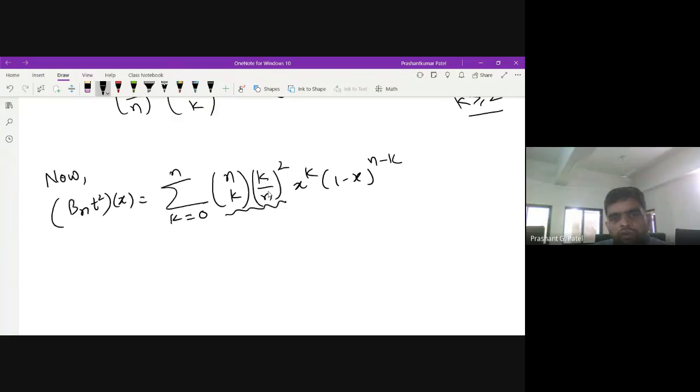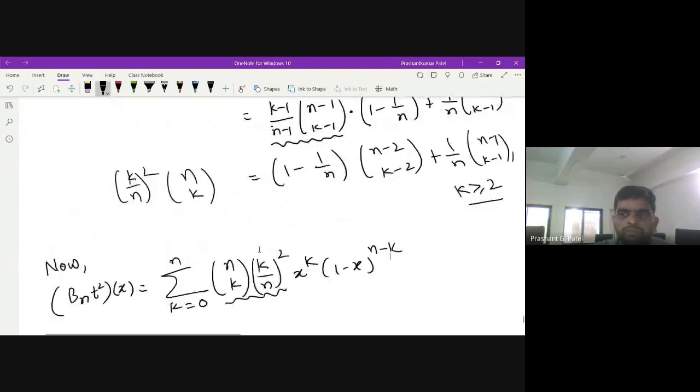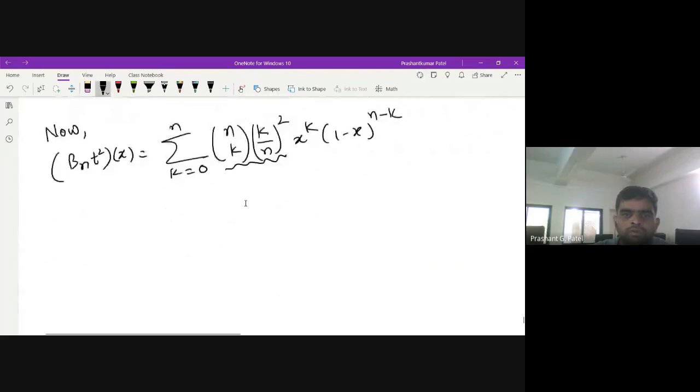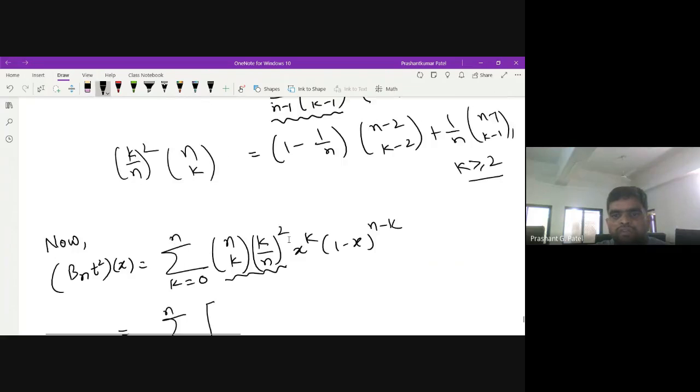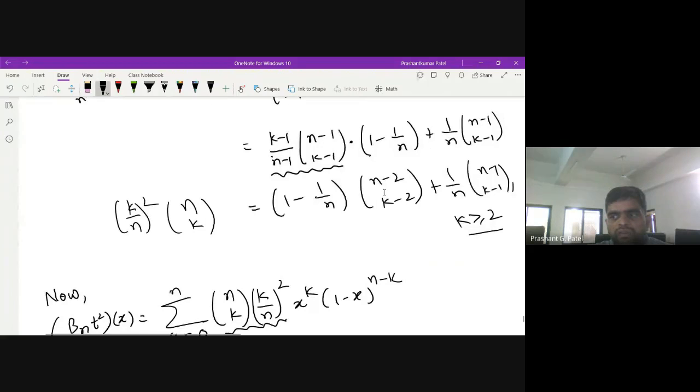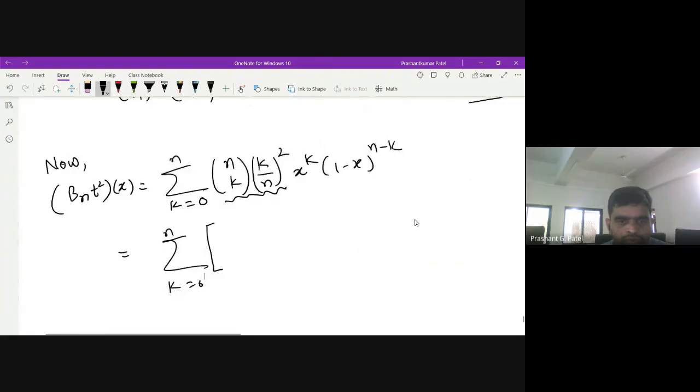Now the value of this quantity we have obtained here, which we can substitute. So we can have two summations, but we'll write in two steps. The first one is this, but now it does not start with 0, because it has to start with k greater than or equal to 2. So it will start with 2.